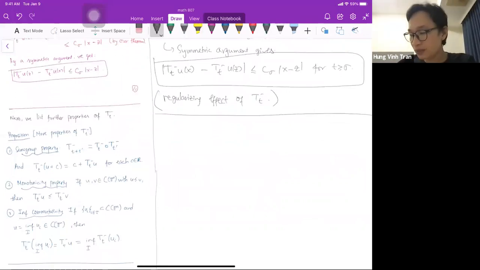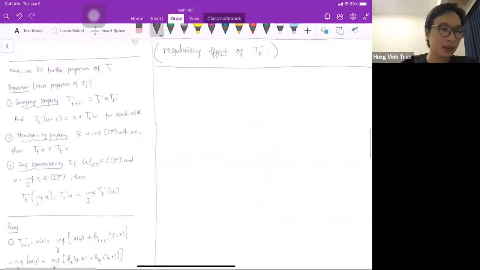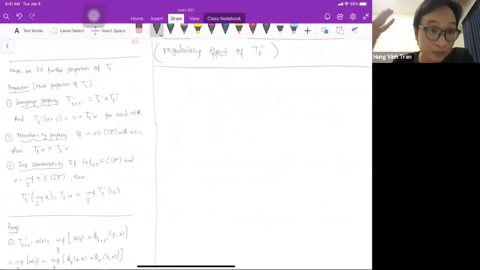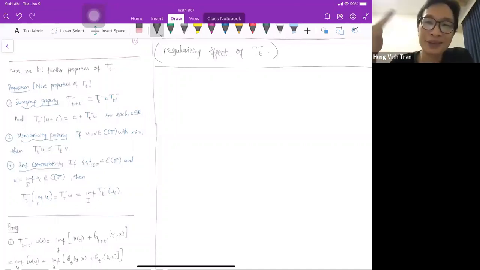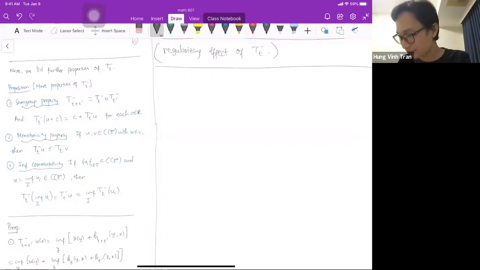So now let's prove three further properties of the semi-group. And then I'll come back to the example that I promised you guys from the beginning.